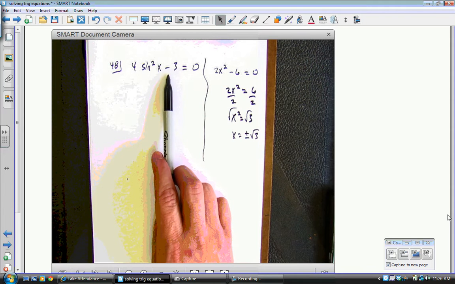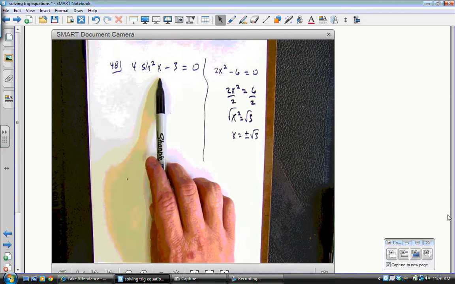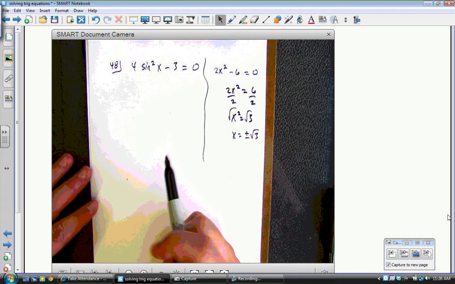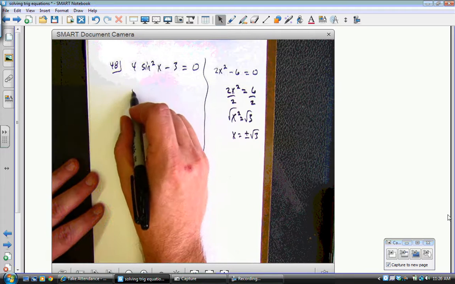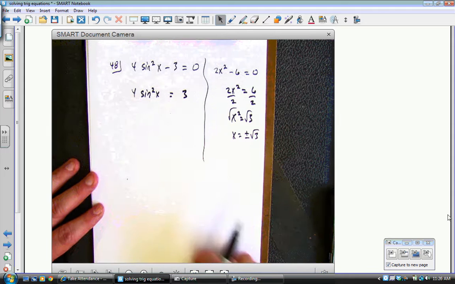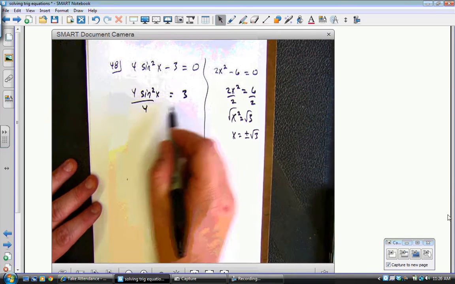So we can do the same thing with this one since it doesn't have the linear term. Now, some people still like to use that substitution thing. I think with these, you really don't need it. You just still solve it. Like the substitution idea, let A equal sine x. But I don't do that on these. So I'm just going to add the 3 over. So I get 4 sine squared x equal 3. Okay, now what though? Alright.